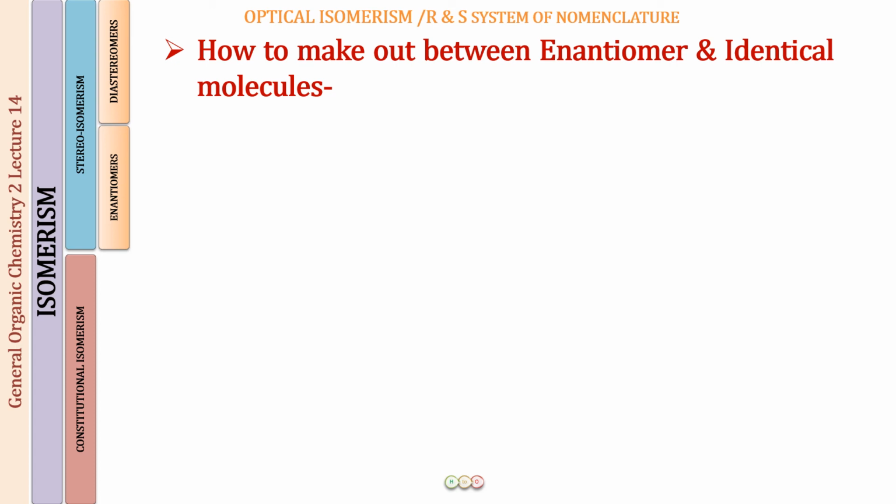Okay, so let me tell you how are you going to differentiate between an enantiomer and an identical compound with the help of this RS configuration. And trust me, this is going to be very helpful to you because this is a very frequently asked question in the examination. You have to differentiate between the enantiomers and the identical molecules.